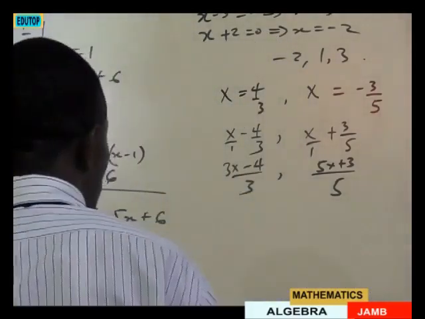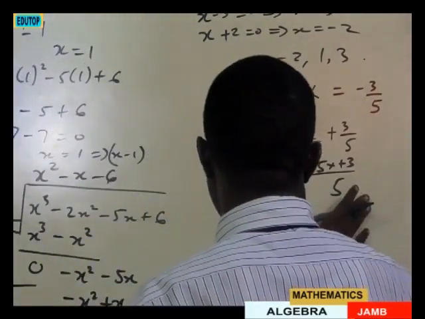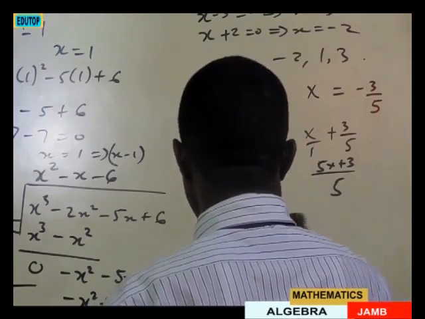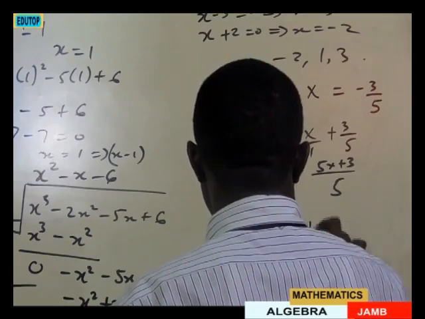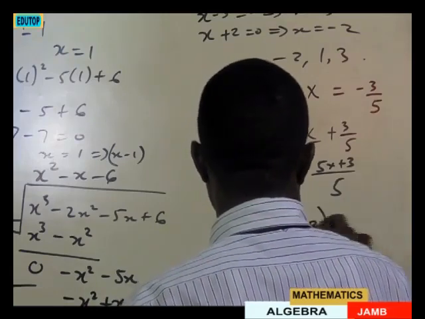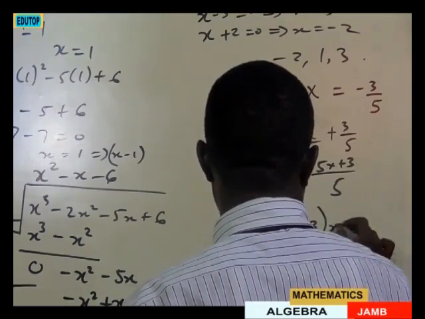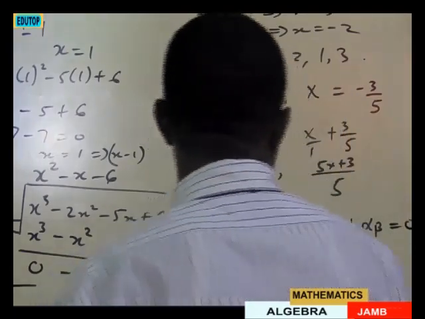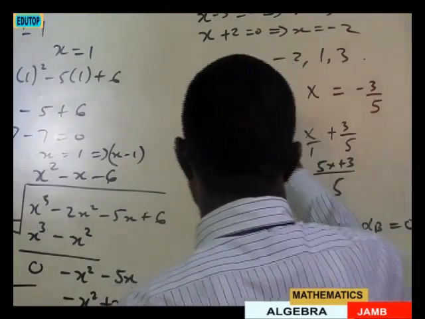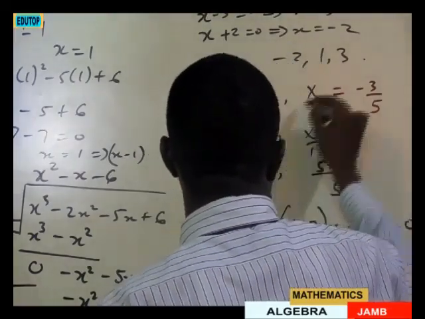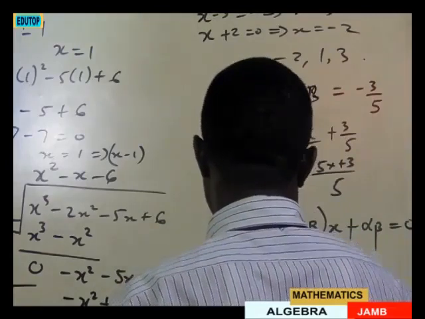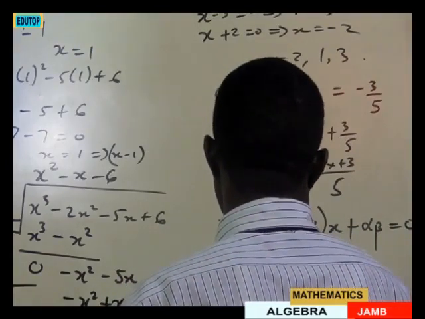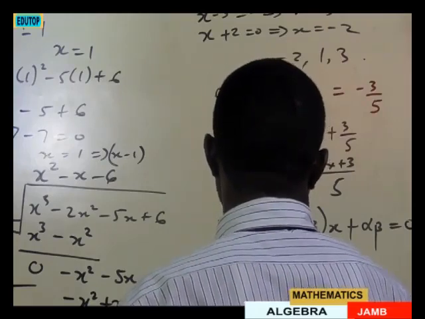So based on what we have here, without wasting much of our time, we can use a model that says x squared minus alpha plus beta, that's the sum of roots, x plus the product of roots equals 0. Let's use this model. Our alpha here is this, our beta here is this. So let's substitute that. We have x squared remain the same minus, what's our alpha? Our alpha is 4 over 3 plus what's our beta?